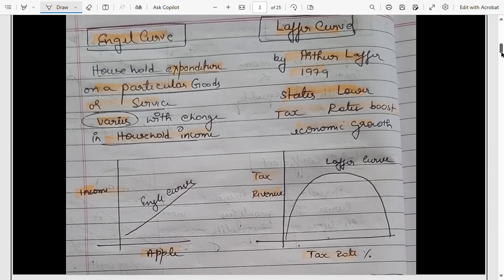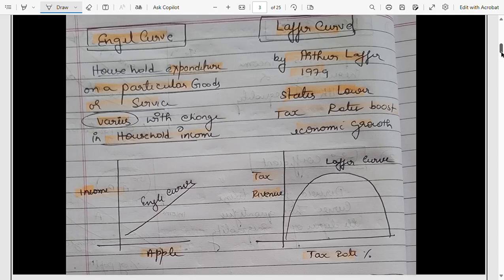Then we have the Engel curve and the Laffer curve. What does the Engel curve say? The household expenditure on a particular good or service varies with the change in household income. What do you mean by this? For example, 2 years back, a family was earning 50,000 per month, so they were able to purchase an average sofa set.